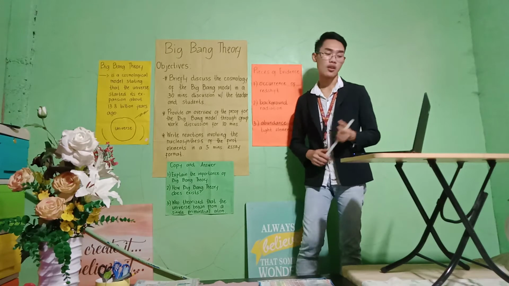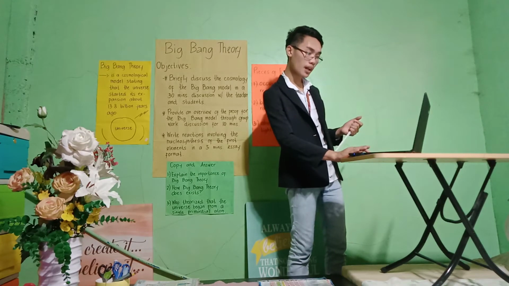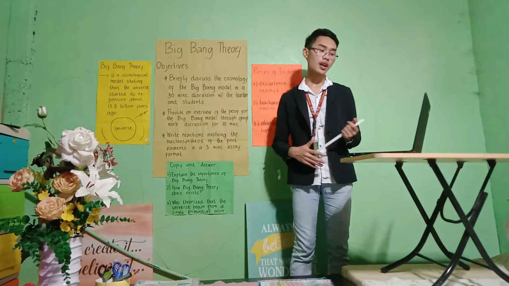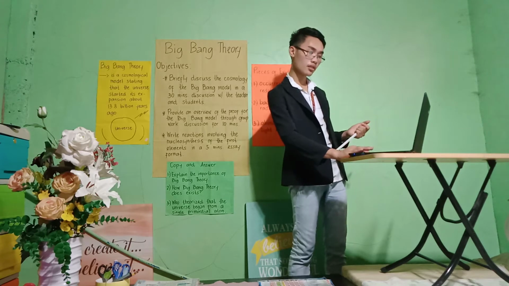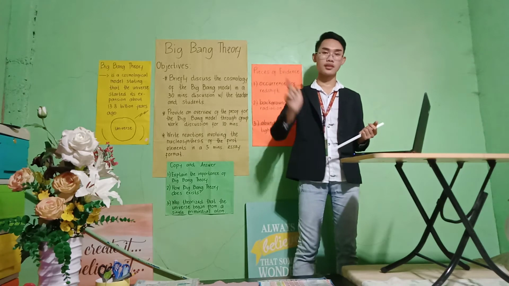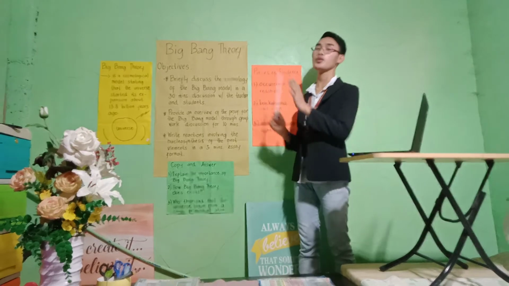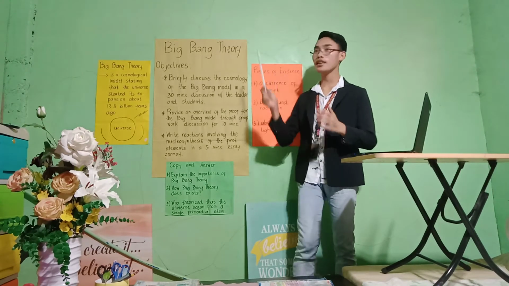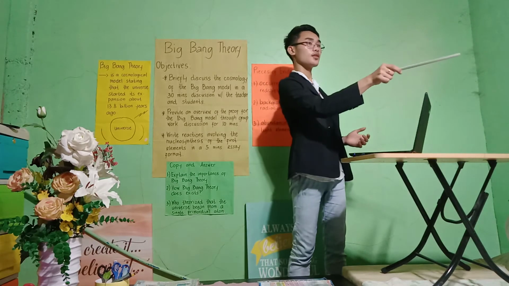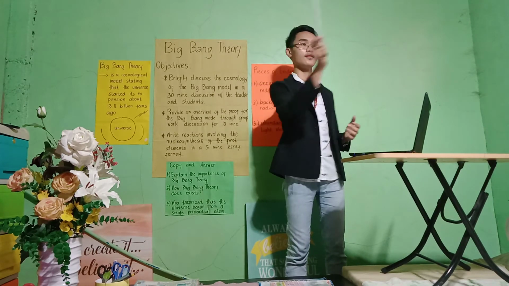Okay, let's start. Counting from the left side, start counting 1, 2, 1 to 2 only because you are two groups. Again, 1, 2, 1, 2.